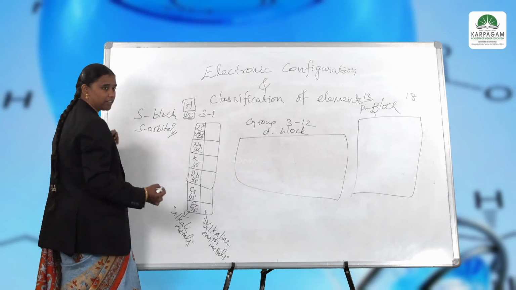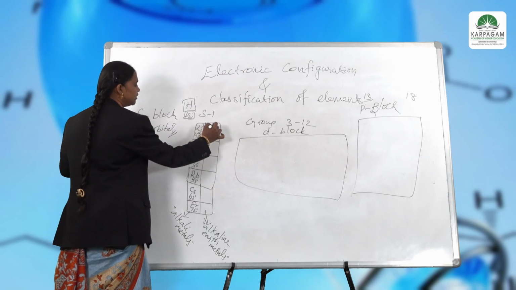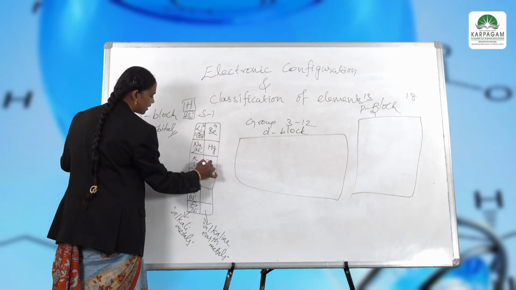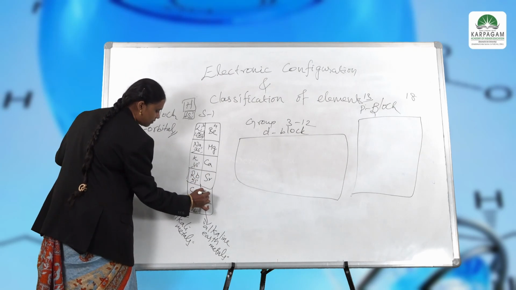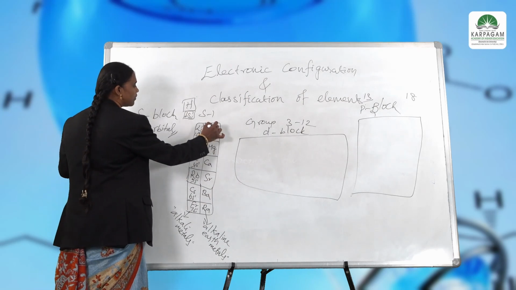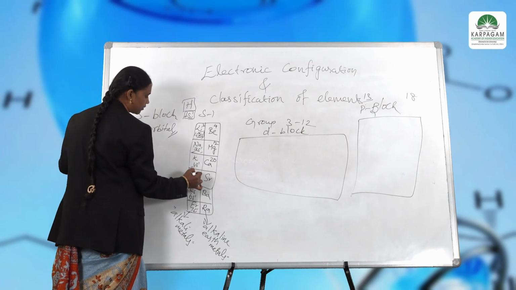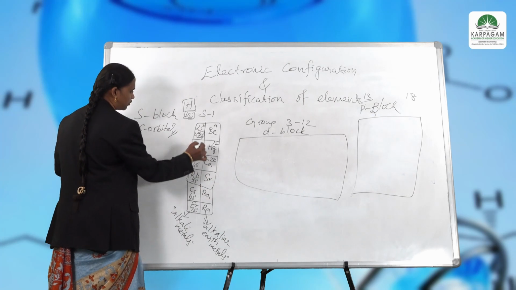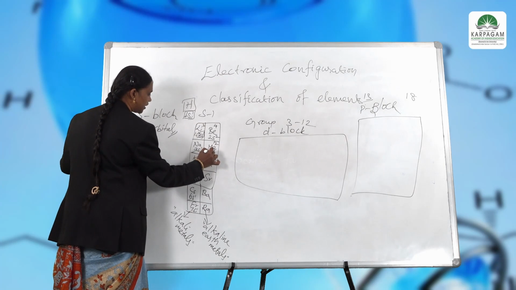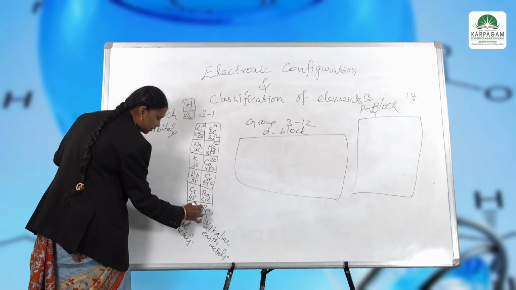The alkaline earth metals are beryllium, magnesium, calcium, strontium, barium and radium. Beryllium's atomic number is 4, magnesium 12, calcium 20. Their electronic configurations are 2s2, 3s2, 4s2, 5s2, 6s2 and 7s2.